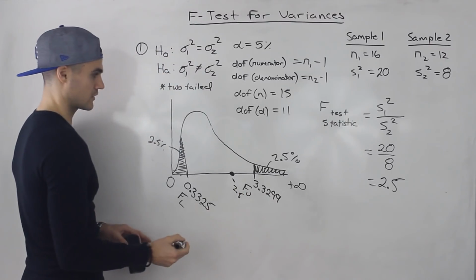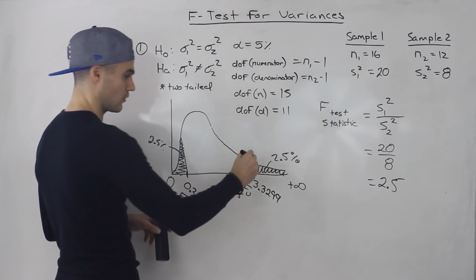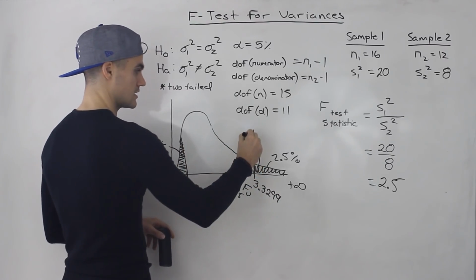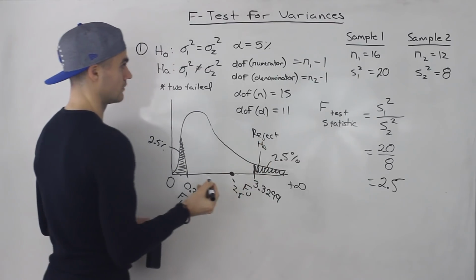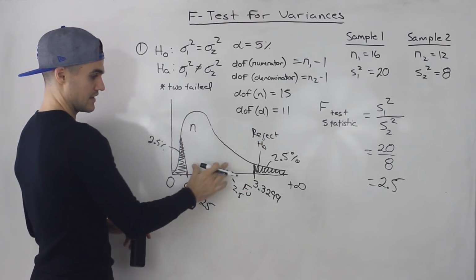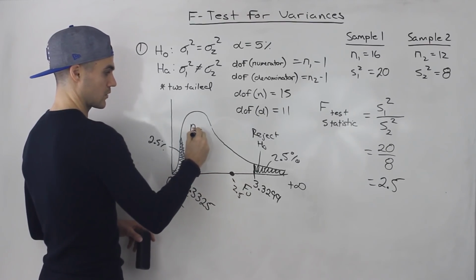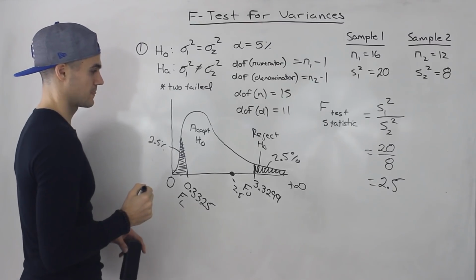And actually, something I forgot to mention, these two regions, just like before, is where we're going to reject that null hypothesis. And then this region over here is where we're going to accept that null hypothesis.